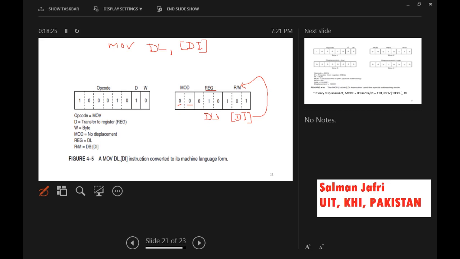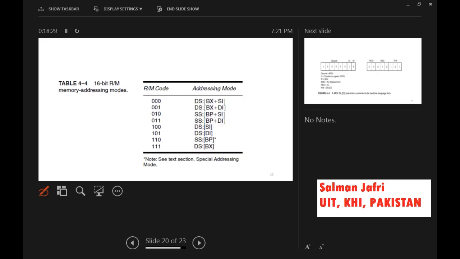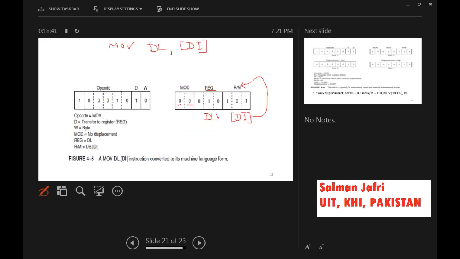So now let's look at the R/M code for in bracket DI. When we have only DI in the brackets, the R/M code is 101. So R/M becomes 101.